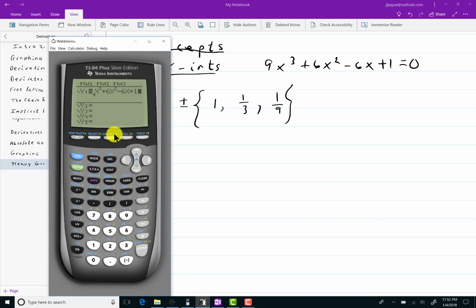And as usual, I'll do zoom 6 just to get a starter graph. It's hard to tell here. That could be -1. I'm going to zoom in, I think. Zoom. I'm going to do a Z box.